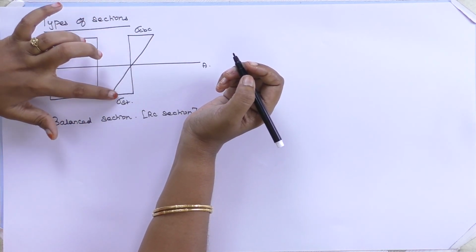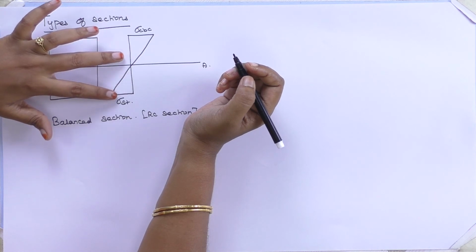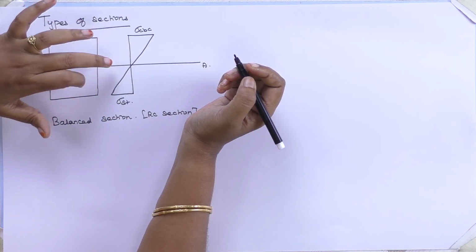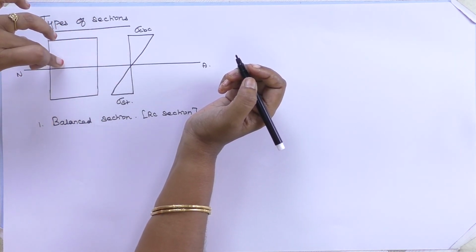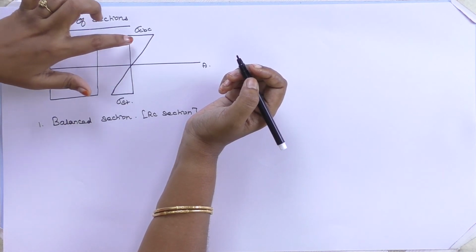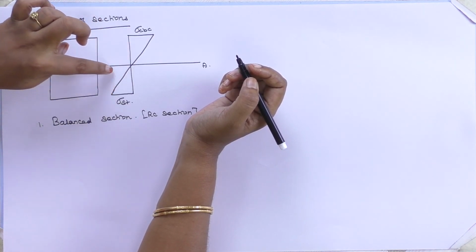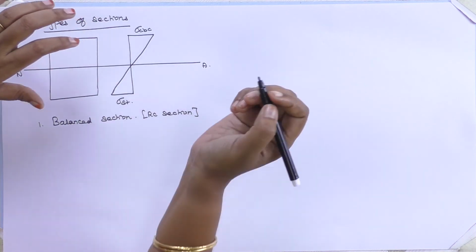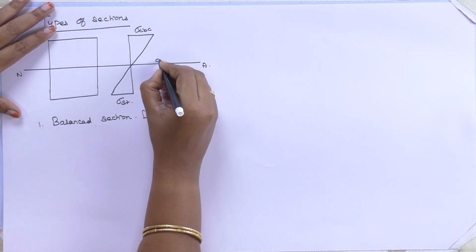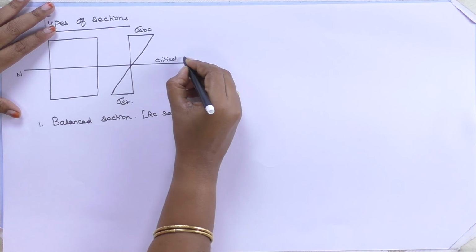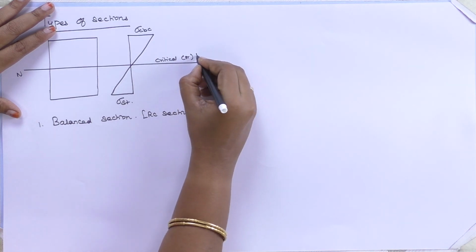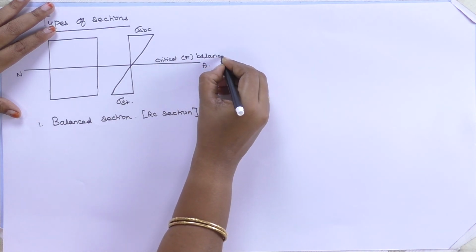When the steel also yields, the concrete also yields, when it behaves in same fashion, you will get the optimal neutral axis section. The moment due to the concrete failure and due to the steel failure, both are at the same time. This is called as critical or balanced section.